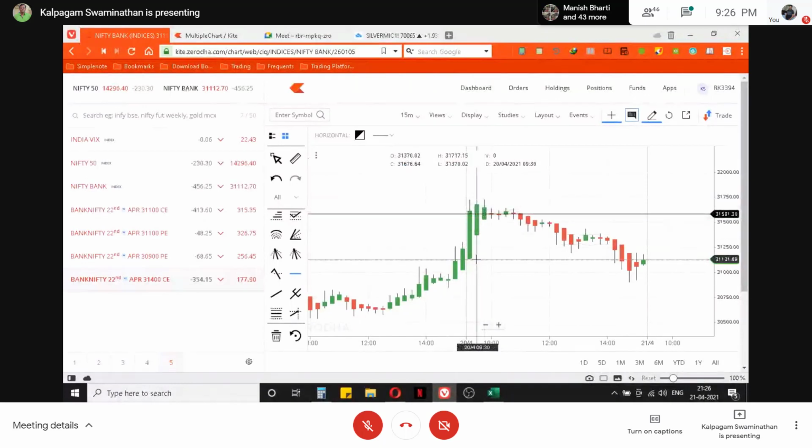We of course don't know where the resistance is, but if it is moving up, it has to hit resistance at some point. That means if you enter the bus there, you will find a very unfavorable risk-reward ratio. And when you see a red candle, don't jump in and sell. When you see a red HeikenAshi candle, your mind should say there is going to be a buying opportunity. Where is the buying opportunity I need to take? That's all you need to think of.